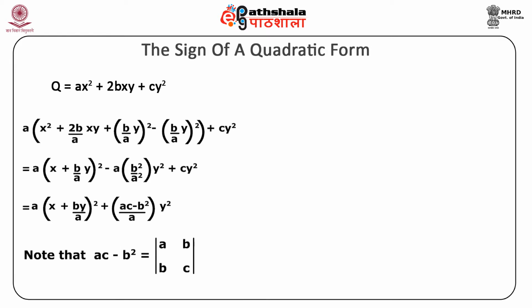Note that ac minus b square is equal to the determinant of the matrix [a b; b c].